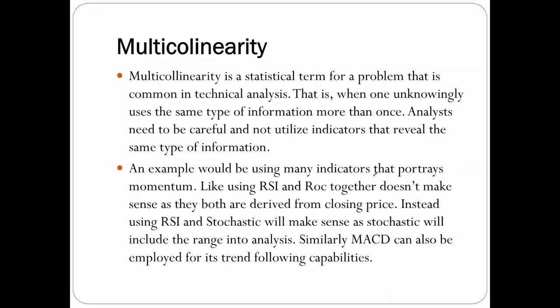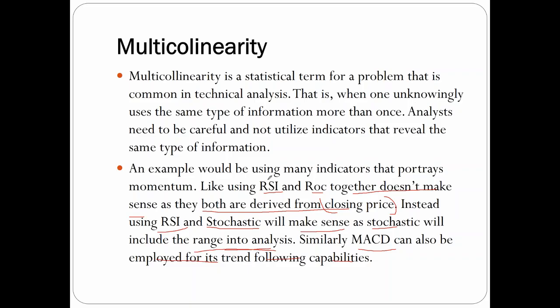An example would be using many indicators that portray momentum. Using RSI and ROC together does not make any sense as both are derived from the closing price. Instead, ROC and stochastic will make sense, as stochastic will include range in the analysis. Similarly, MACD can also be employed for its trend following capabilities.